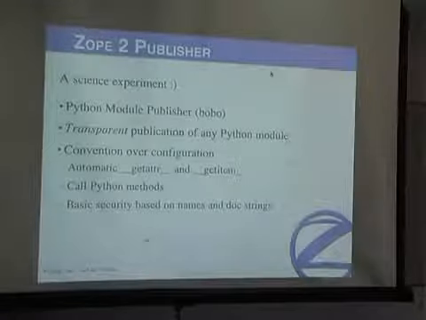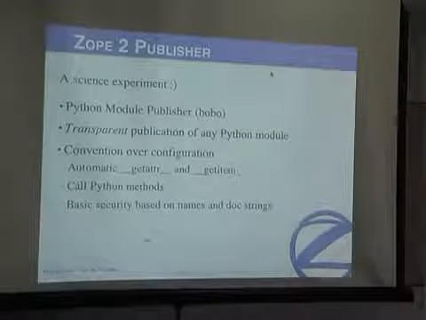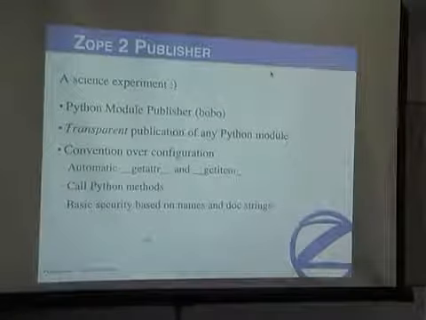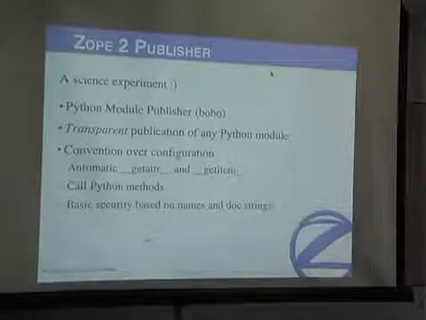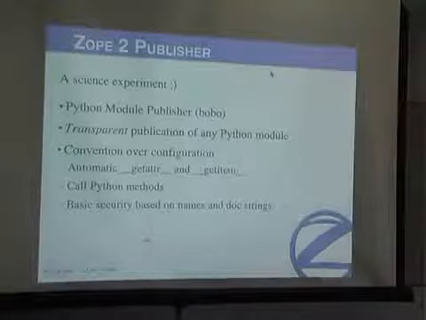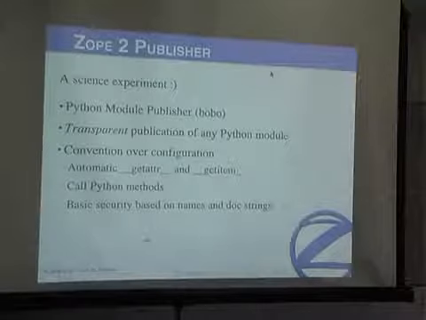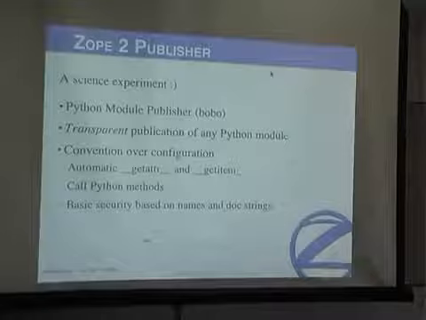At the time when you wrote web applications with Python, you did so with the CGI module, and it was very tedious. You basically called very low-level APIs, and you had to do a lot of work to do something fairly simple. So the Python module publisher tried to make that as easy as possible, and as an experiment, it was a really successful experiment.